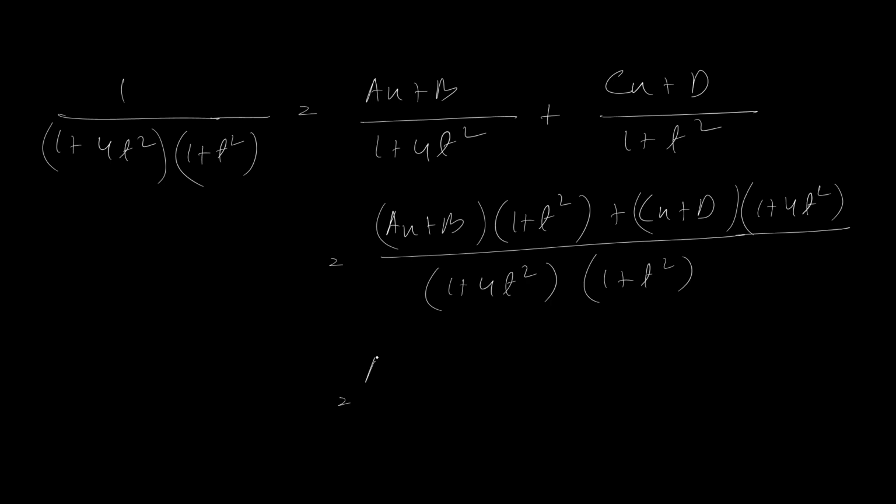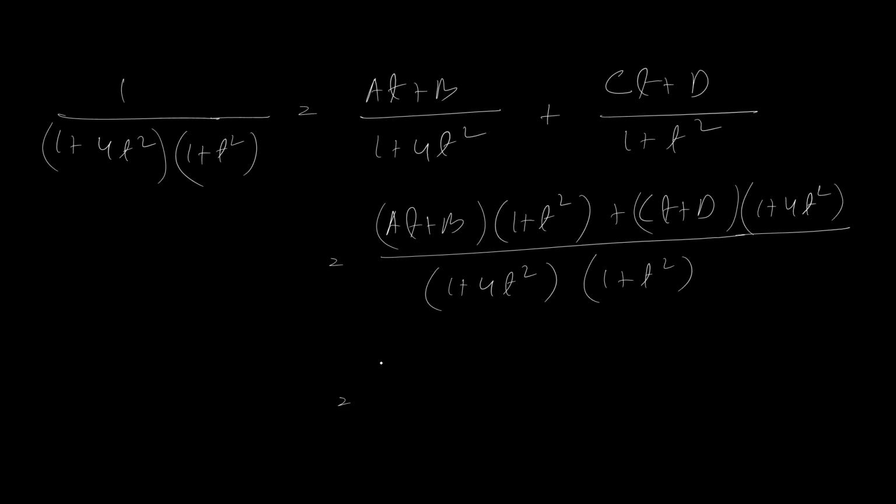So now if I multiply it, at plus at t square plus b plus bt square plus ct plus... here I made a small mistake. The mistake is that I cannot take x, because the variable I am dealing with is t. So therefore it will be at and ct.